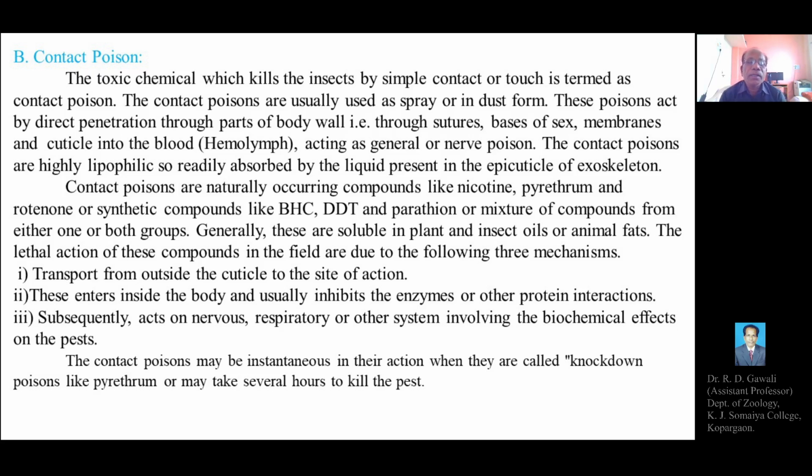The contact poisons may be instantaneous in their action, when they are called knockdown poisons. Knockdown poisons means when the contact poison enters the body of the pest, it immediately causes its death. So the mode of action is very fast.